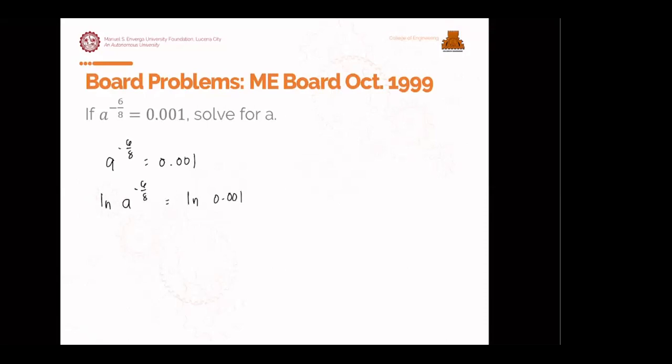Kasi later, kapag halimbawa hindi mo na siya ma-simplify using logarithm, you should use natural logarithm para i-check kung may masisimplify pa siya. Okay? So ngayon, natural logarithm tayo. Same rule naman applies for logarithm and natural logarithm. Since meron tayong exponent, ilagay natin sa unahan.